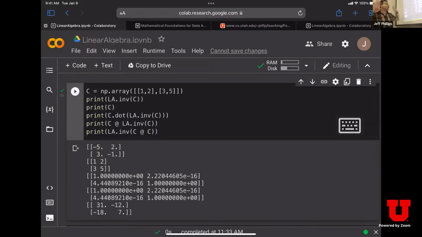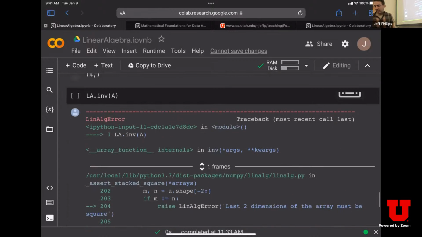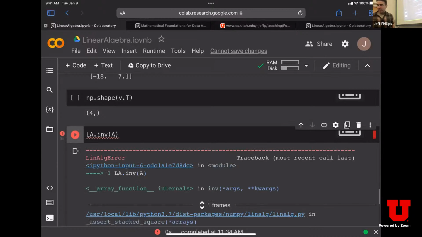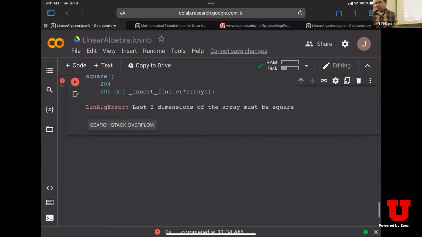These are small discrepancies you should be aware of when doing computation. And if I try to take the inverse of A, which is not a square matrix, it's going to throw an error, because it's not defined. All right, that's all I want to show you.